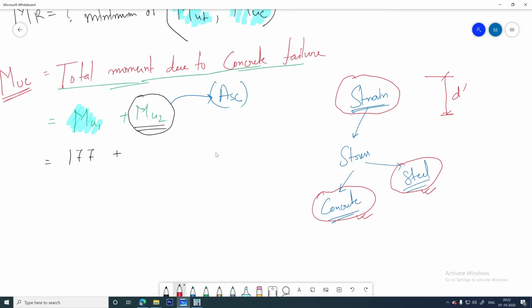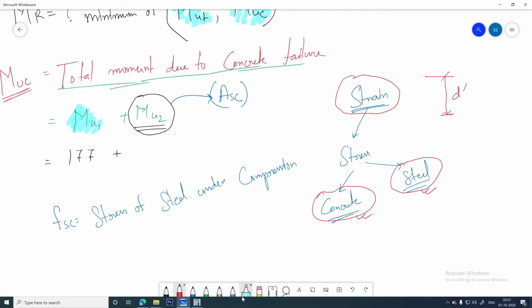This is the only important part in the design of a doubly reinforced beam. That is the most important part, because previous things are very much simple. If you can remember these steps, you can do it easily, but here it is very important, because when you determine the value of the stress, that stress can be denoted by fsc, stress of steel under compression.